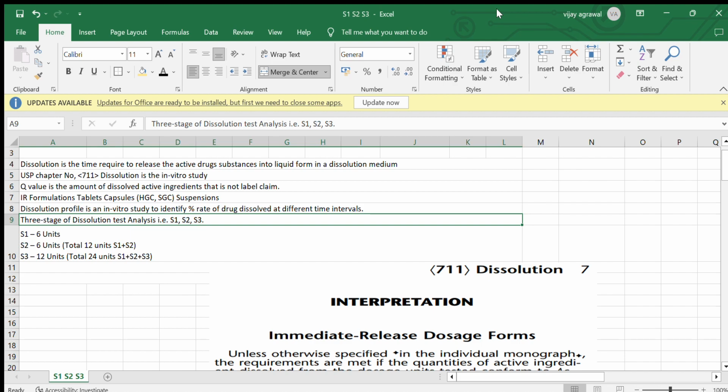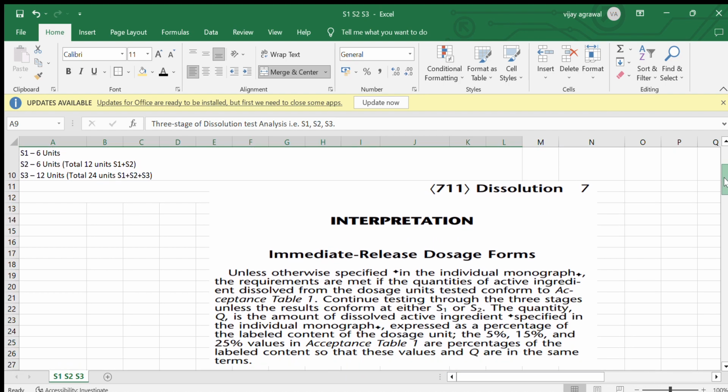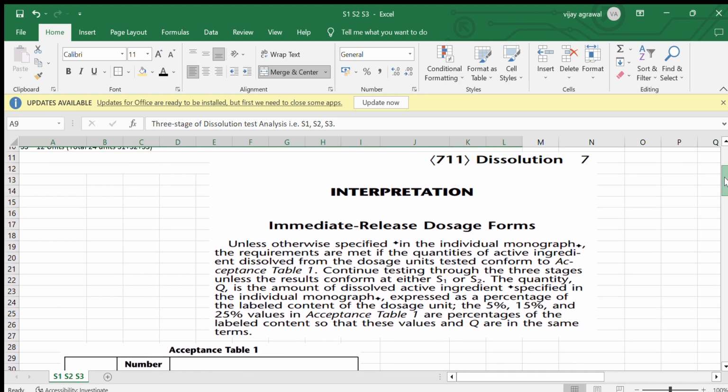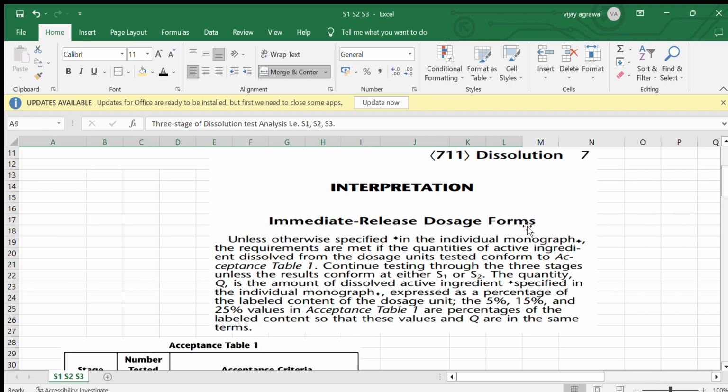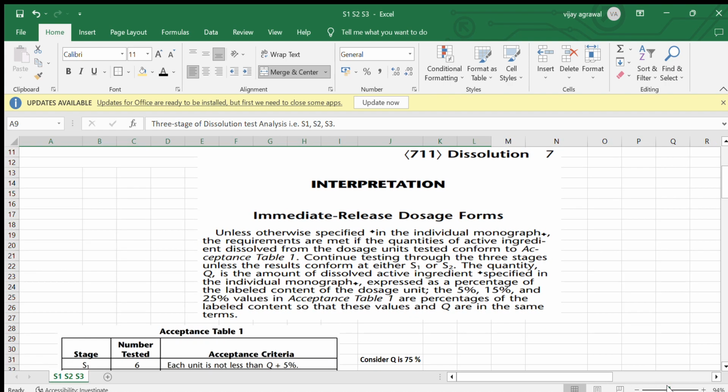So now let's see the interpretation of dissolution results as per USP chapter 711 for immediate release type of formulations. This states that unless otherwise specified in the individual monograph, the requirements are met if the quantities of active ingredients dissolved from the dosage units tested conform to acceptance table 1.